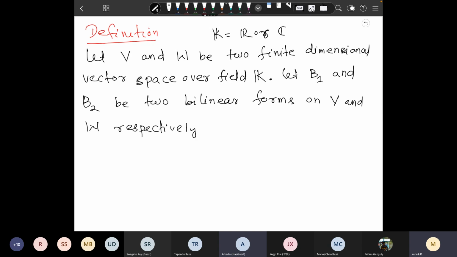Let B1 and B2 be two bilinear forms on V and W respectively.